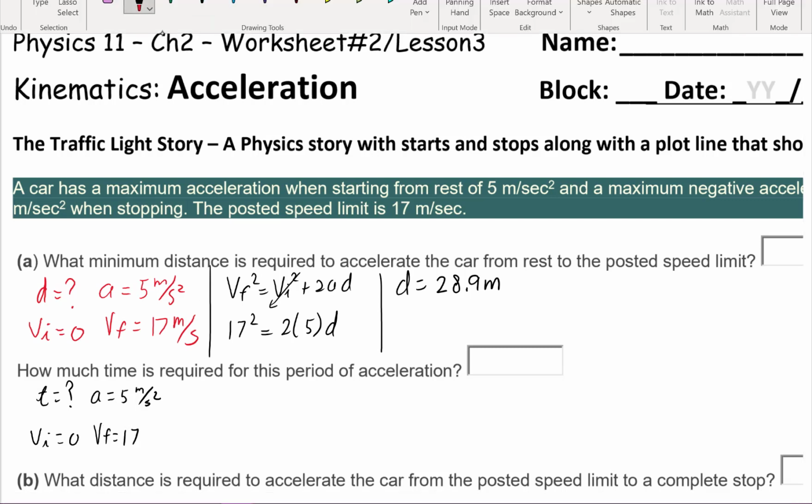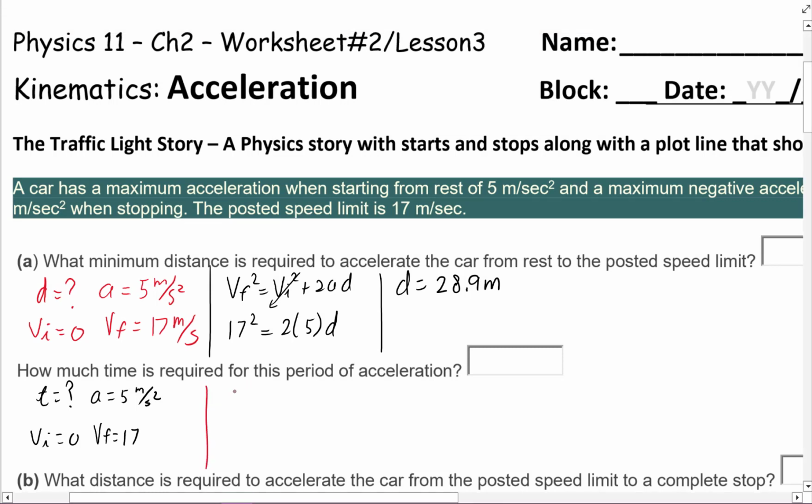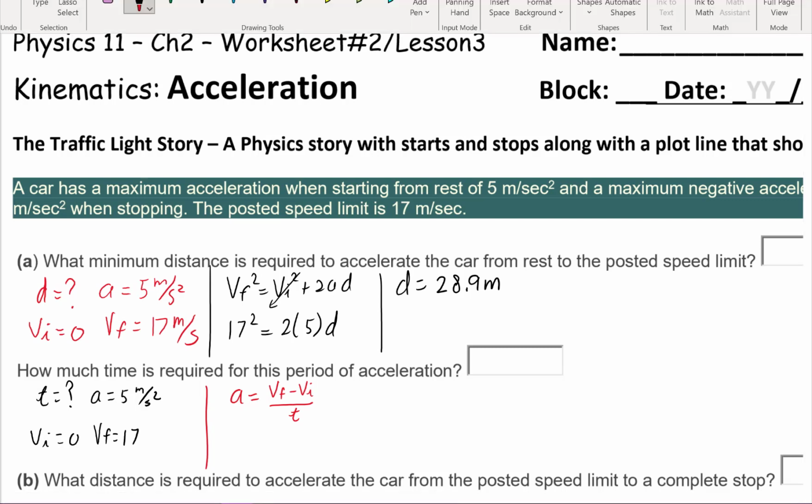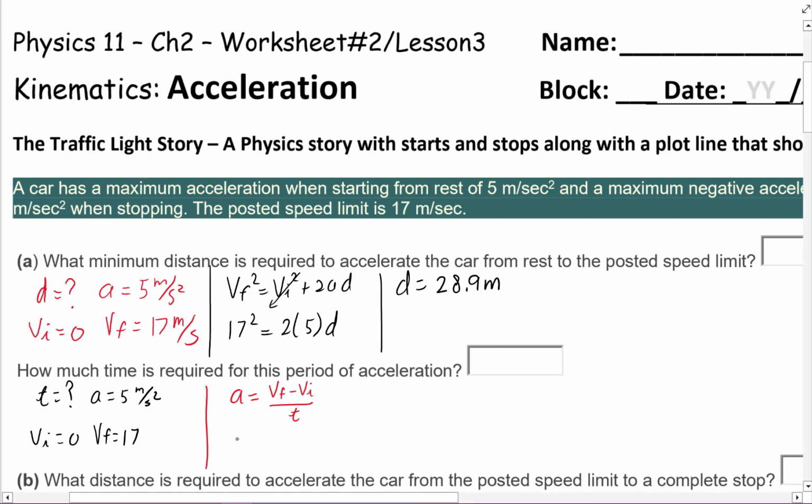So we're going to choose a different formula this time: acceleration is VF minus VI all over T. So 5 is equal to 17 minus 0 all over T. This gives us that T is equal to 17 over 5, which is 3.4 seconds.